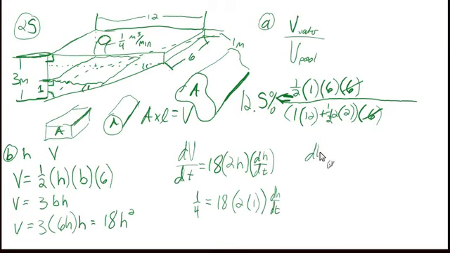So dh/dt is equal to 1/4 divided by 36, since we divide by 36 on both sides. That's 1/144th of a meter per minute. Not a lot is happening right there. It's pretty slow.